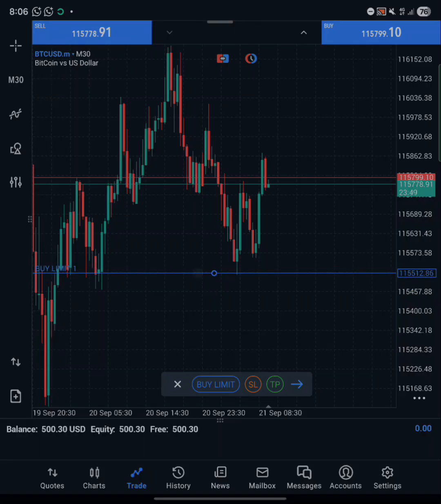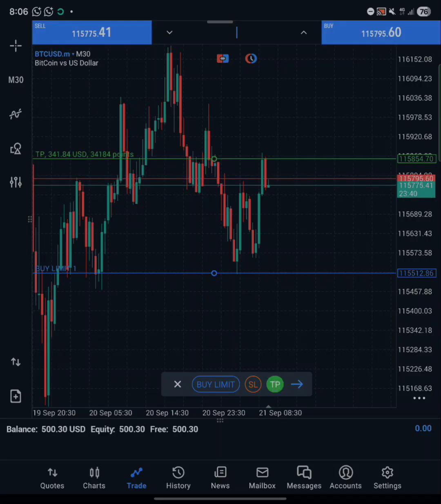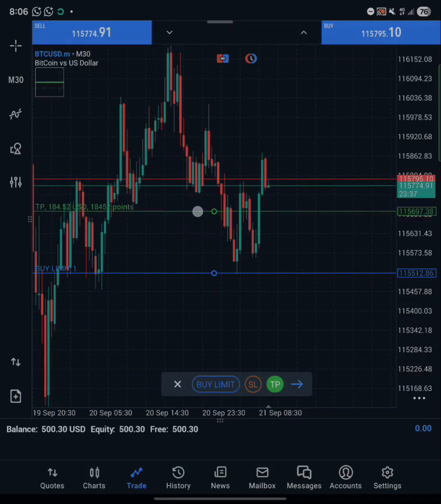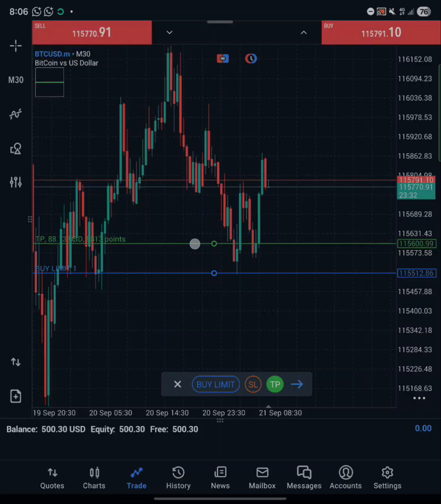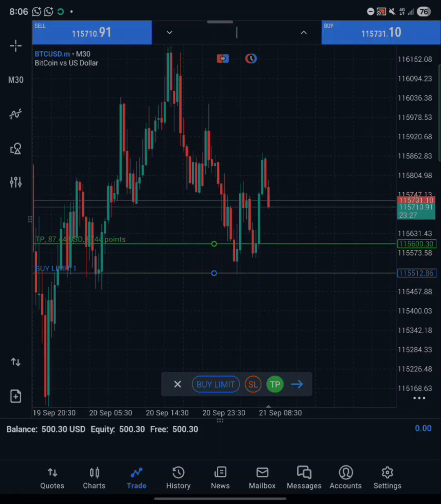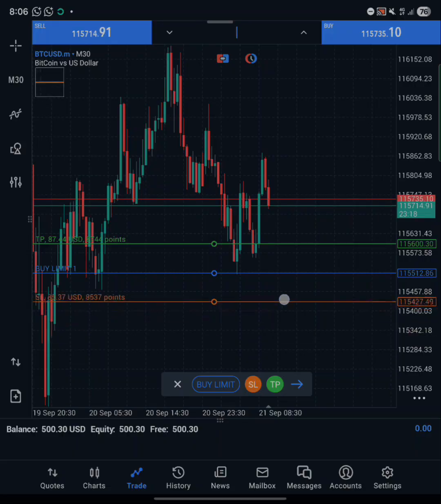You entered the market at this particular level, like 115,512.86, and your profit target is probably, let's say, 115,600.30. That is the pip. The movement from here to here is the pip, and your stop loss can be here if you want it to be.